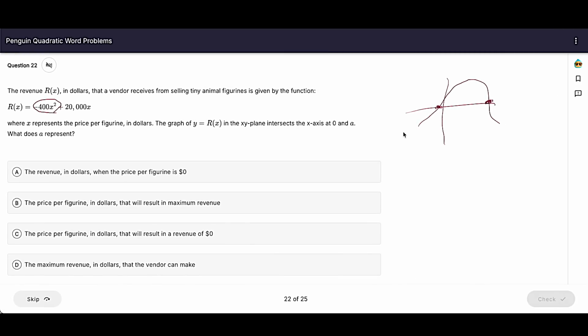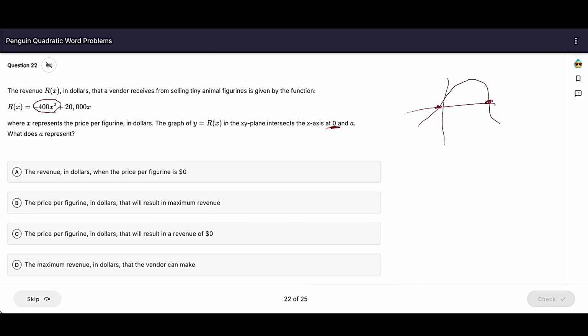But the important thing to note is that y is 0. So we have to think about what y represents. In this case, since we're calculating how much money we make, the revenue, this would be a point where the revenue is $0. So based off of that alone, we could get rid of a couple of answers.